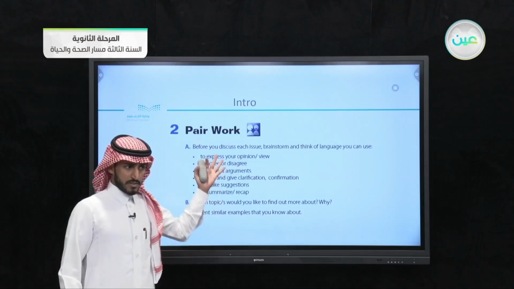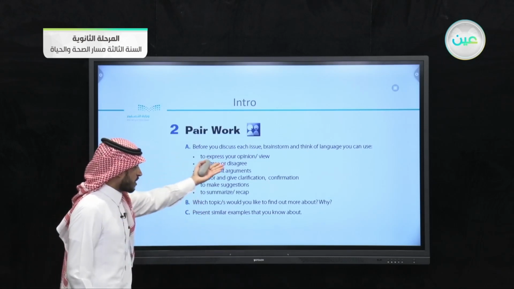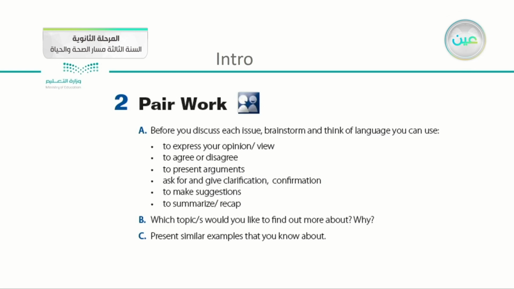Okay, in this part, as you can notice, we have more than one point. For example, expressing opinions, agreeing or disagreeing, presenting arguments, asking for and giving clarification and confirmation, making suggestions, and summarizing. All these things are going to be explored in a deeper and wider way in the following units.